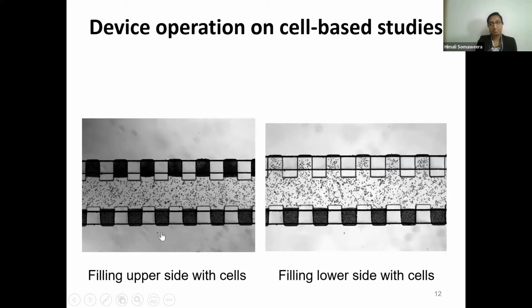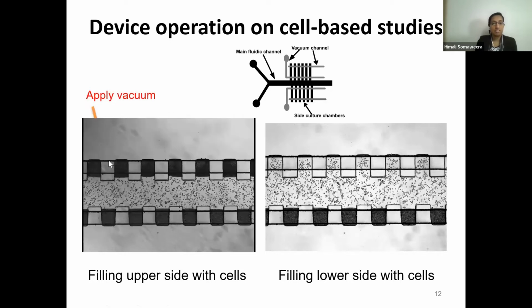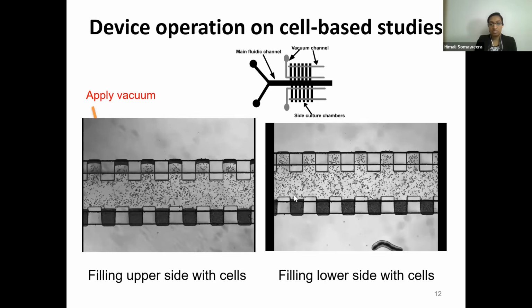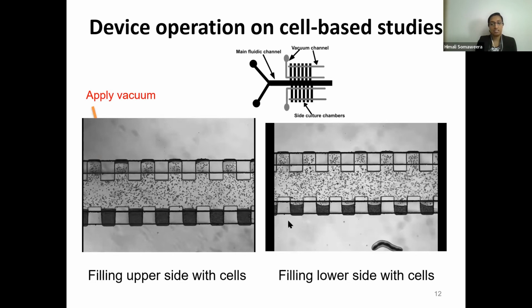If we use the chip for a cell-based study, this is the design. You have a vacuum channel, and this video shows that once you apply the vacuum to the vacuum channel, the cells can be loaded into one side. If you apply the vacuum to the upper side channel, the cells will be loaded into the upper side chambers, and then we can load cells into the lower side chamber by actuating the vacuum here.